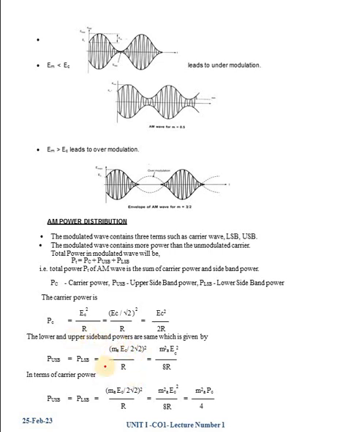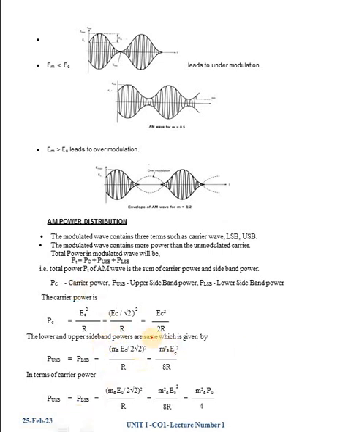Then we have to find out the average value. So divided by root 2. So MA EC by 2 divided by root 2, the whole square, divided by R. So we can find that USB and LSB are both the same because we are considering only the magnitude alone. So MA square EC square divided by 8R is the power of the upper sideband and lower sideband.